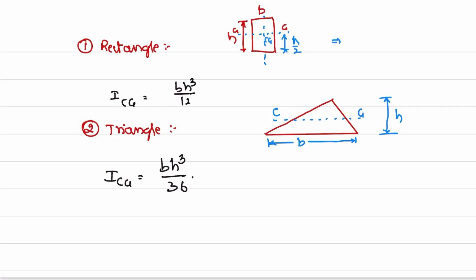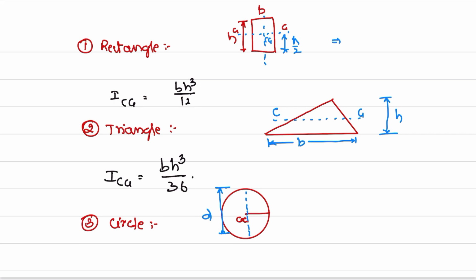Then for a circle of diameter D, this is the center of gravity also, and this is the diameter of the circle.